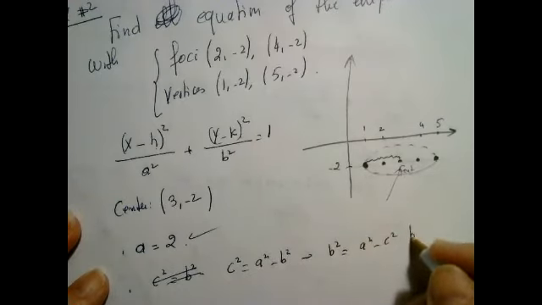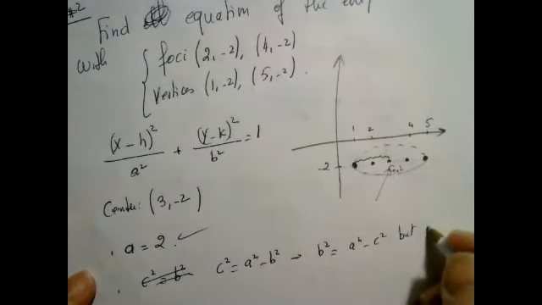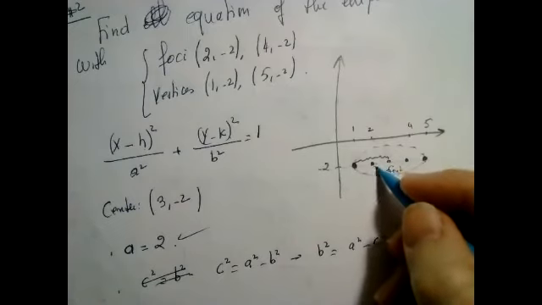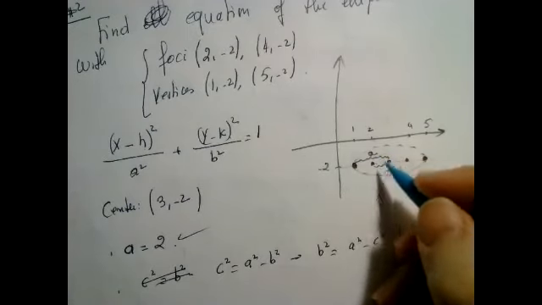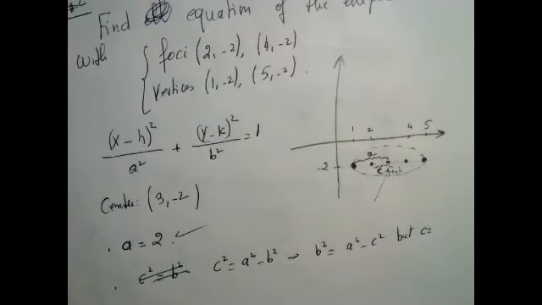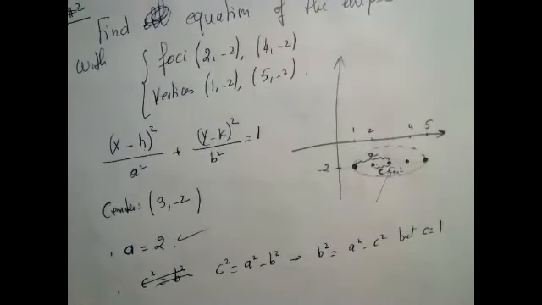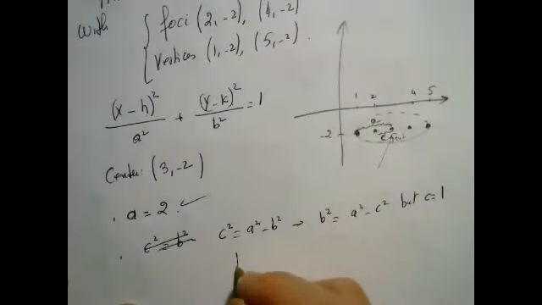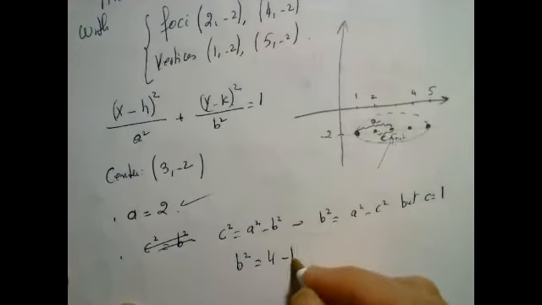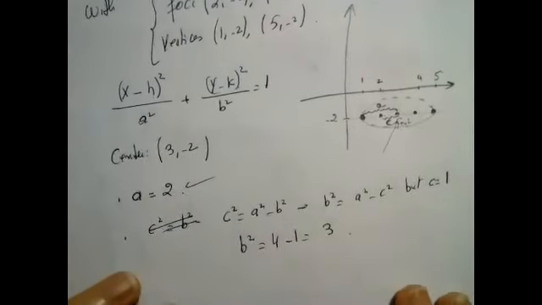But what is the C in this problem? These are the foci. This is my A, and this is my C right here, because C is nothing more than the distance to the foci. So C is equal to 1 in this problem. So B squared would be A squared, which is 4, minus 1, equal to 3.